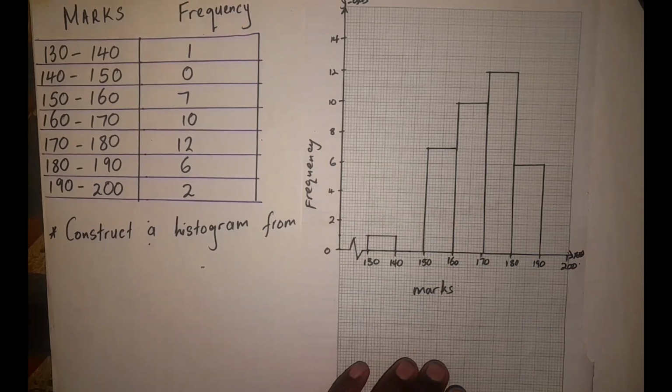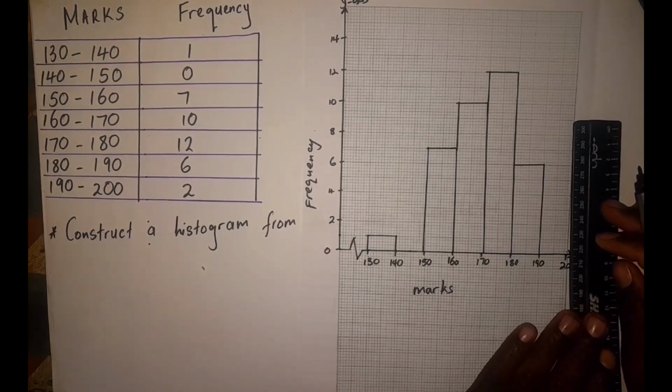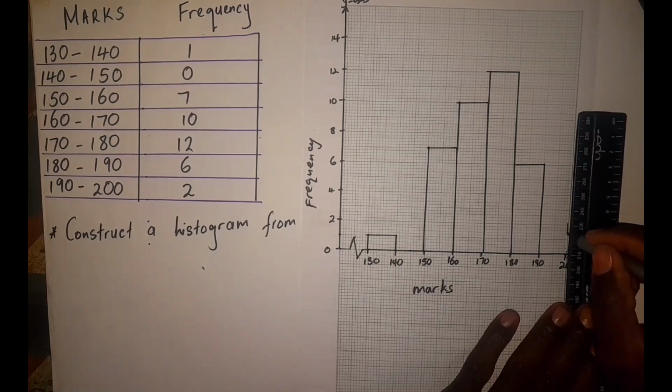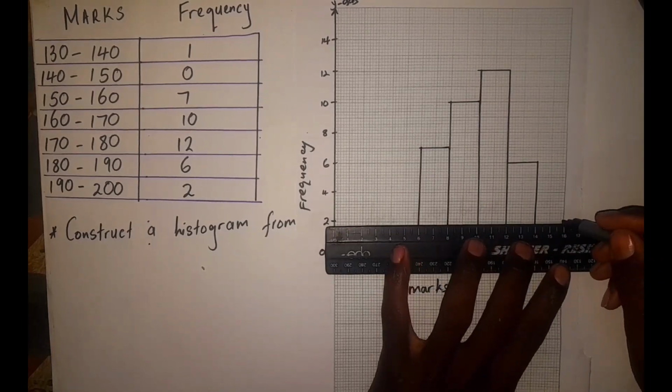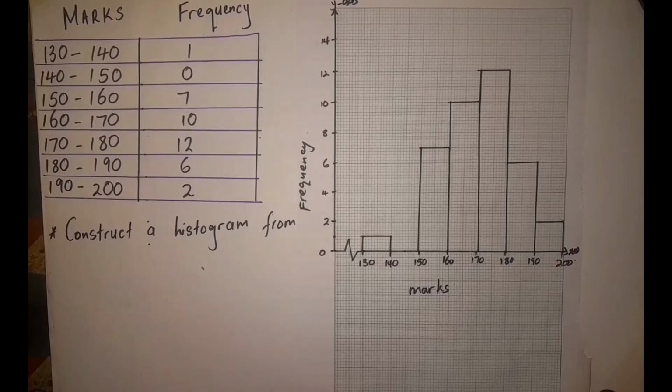And 190 to 200 we have 2, so it will be here. So this is how you draw a histogram if you are given continuous grouped data.